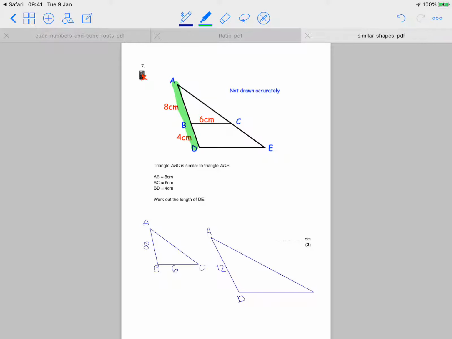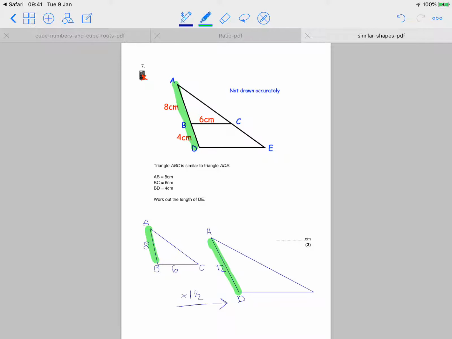So looking at my two triangles at the bottom of the page, these are the sides that I'm given that are corresponding. So you have to work out what you need to do to an 8 to make it into a 12. What do we need to multiply it by? So that's actually going to be multiplied by 1.5. It's 1.5 times bigger.